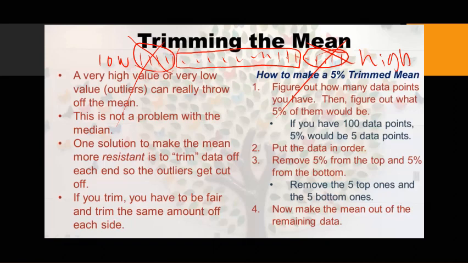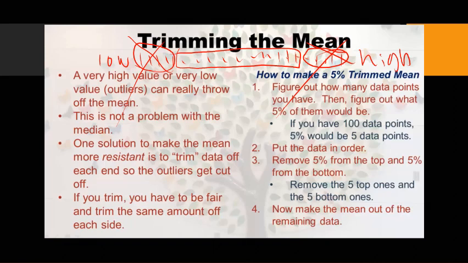And then you need to explain exactly what you did. So you took a 5% trimmed mean, which means you calculated how many points would be 5% of the data points you have.